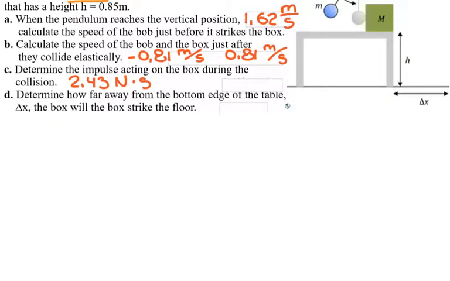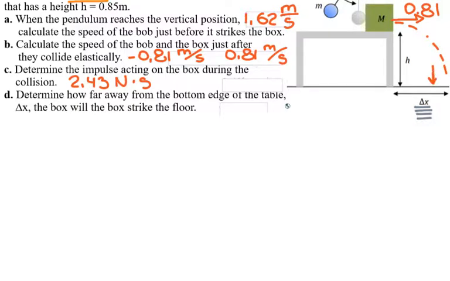For the next question, they ask how far the block is going to strike the ground, so you have to find the value of delta x. I know the velocity of the block right after the collision is 0.81, and when it hits the ground it will have some final vertical velocity.